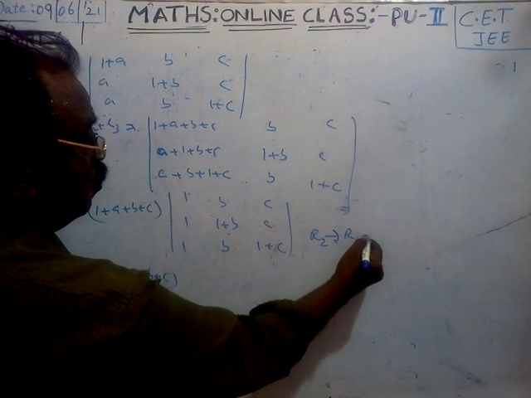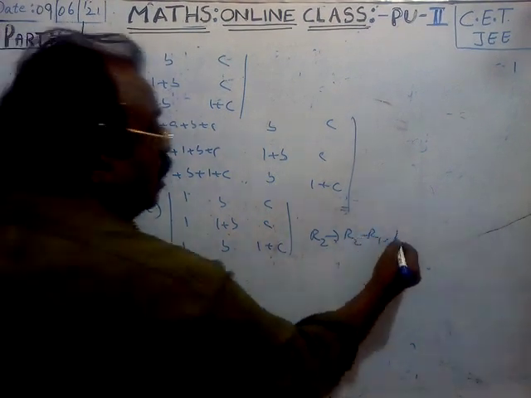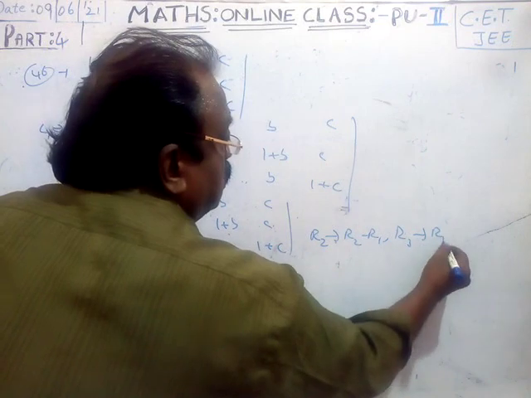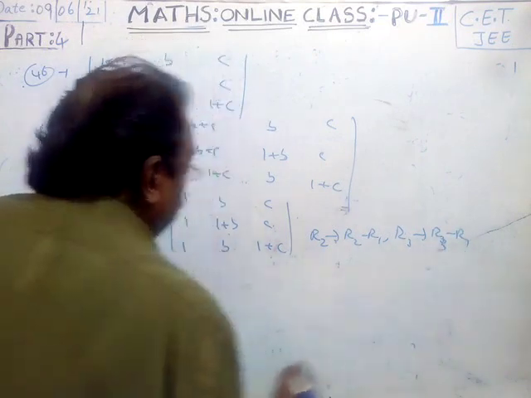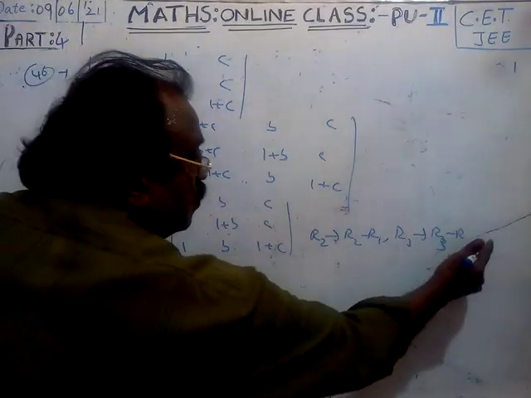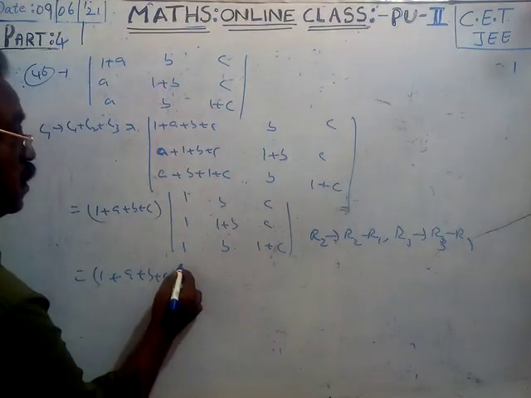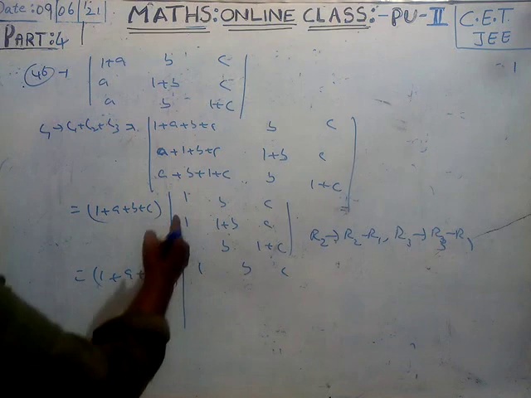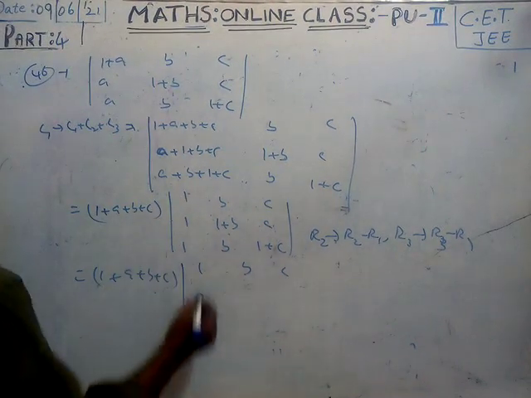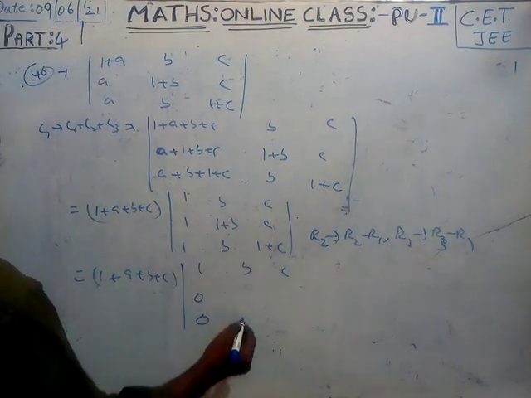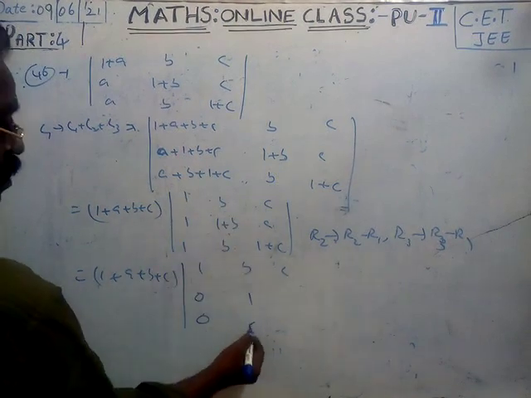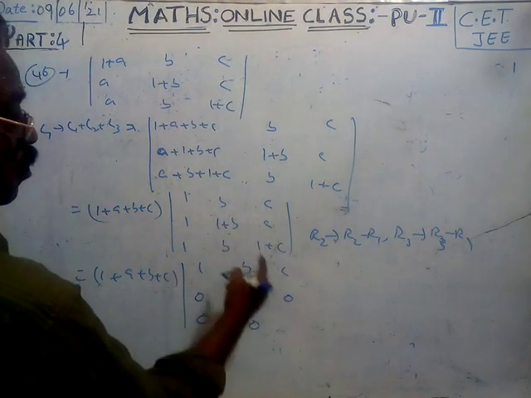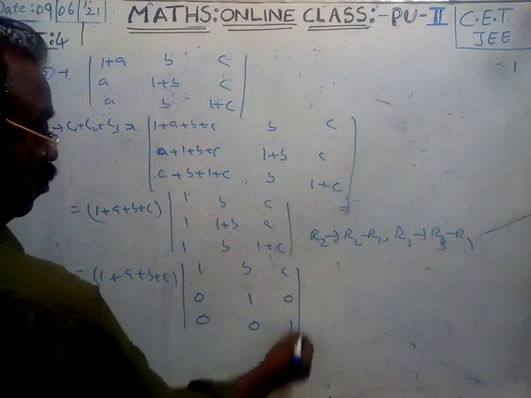Here also we apply R2 minus R1 and R3 minus R1, same R1. So it is 1, b, c. 1 minus 1 is 0, 1 minus 1 is 0. 1 plus b minus b is 1, b minus b is 0, c minus c is 0, 1 plus c minus c is 1.